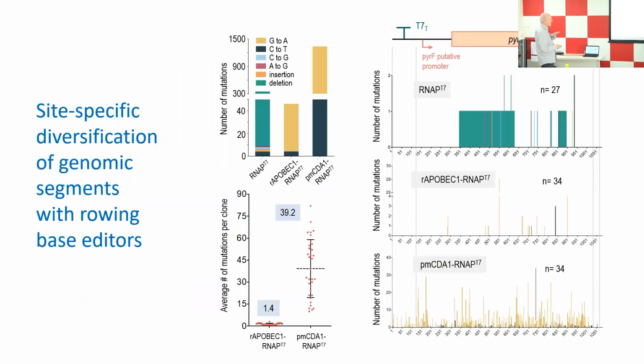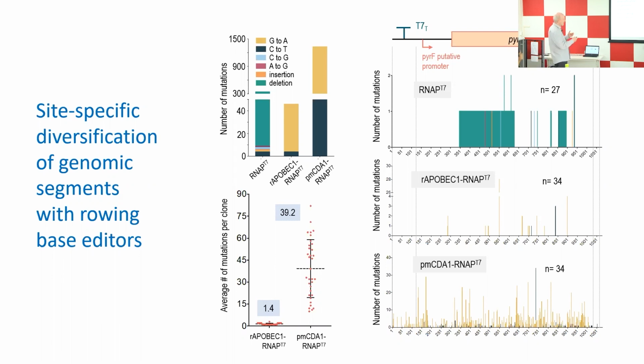Just to show some results, you don't have to go into the details, but this shows, for instance, the pyrF gene. This pyrF is in the chromosome of Pseudomonas putida, and it is a gene that is involved in uracil metabolism, but it's also a gene that makes cells sensitive to an antibiotic that at some point we didn't want them to be sensitive to.